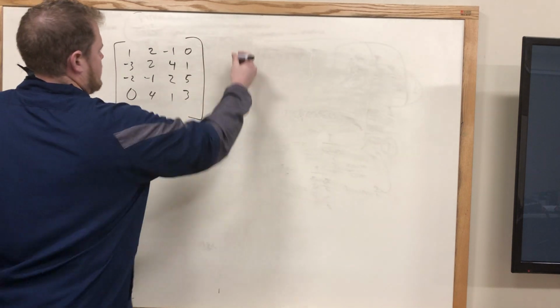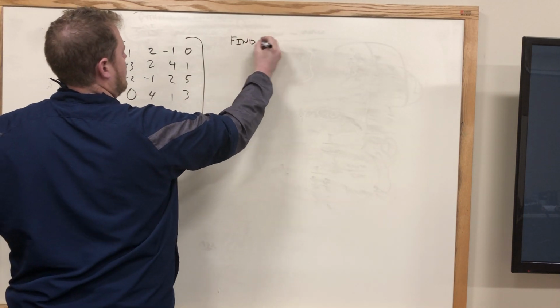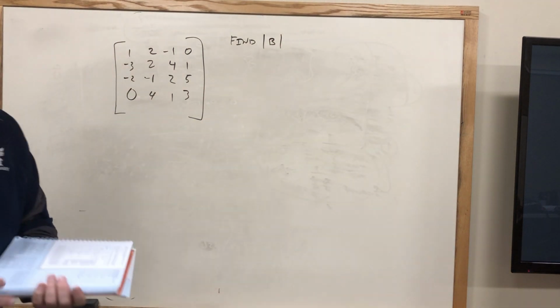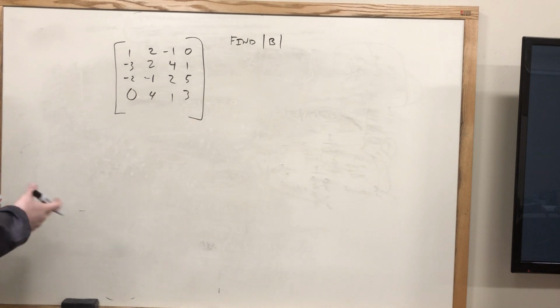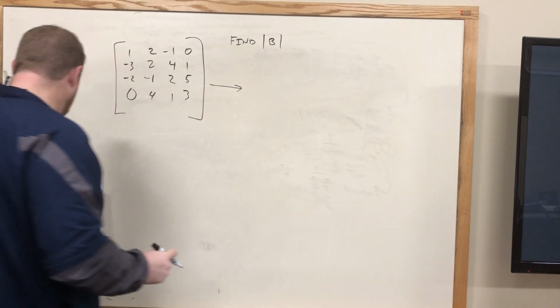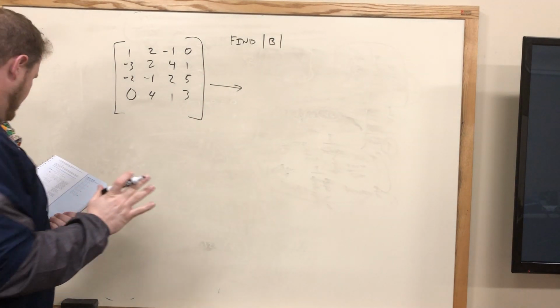Now we're going to try to find determinant B. So what's our first step? First step, let's see if we can get rid of something, because remember, it won't change our determinant.